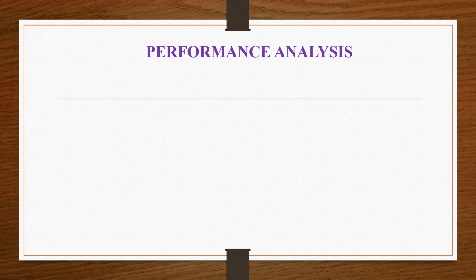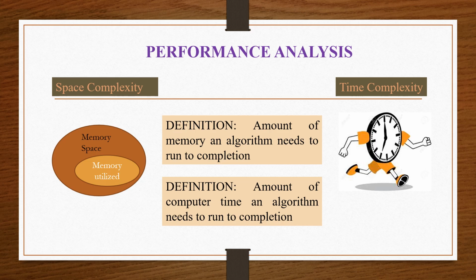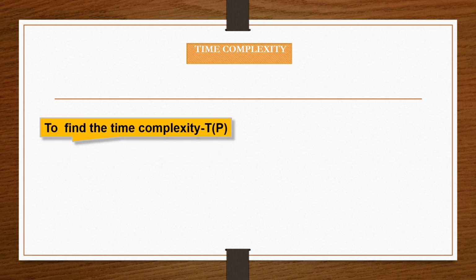As already discussed, there are two criteria to analyze an algorithm. One is space complexity, which is nothing but the memory utilized by an algorithm. The other is time complexity, which is the time taken by an algorithm to run its execution. In this session we will learn how to find the time complexity of an algorithm.